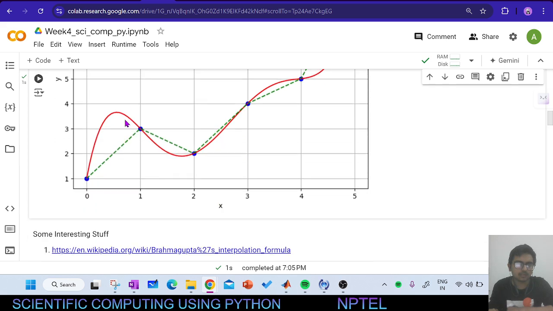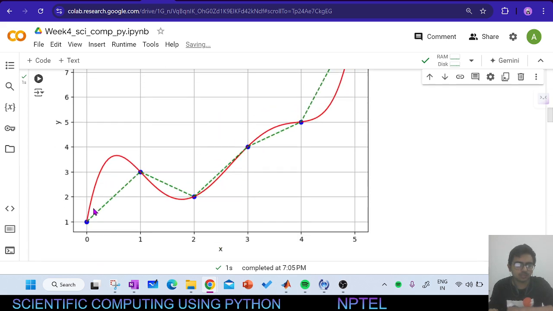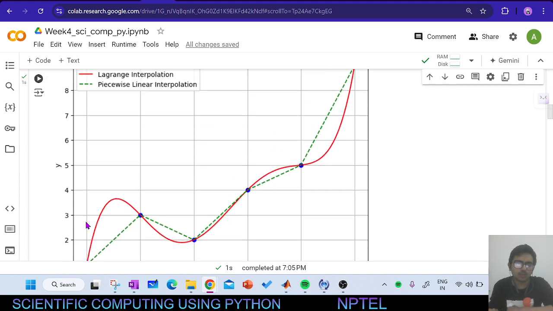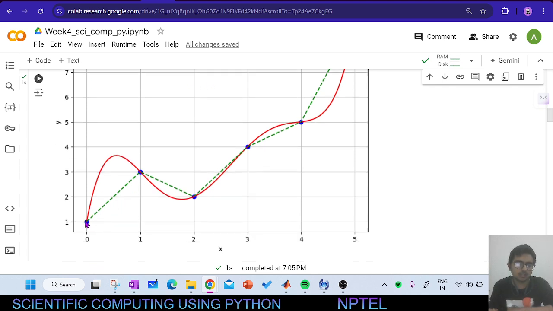Yeah, so you get the result. So these blue dots are our original data that we got from experiments, and we want to know what happens in between. So green is what piecewise linear interpolation will do, right? Here to here, and here, and here. And it's bad because it's not smooth, right? There are corners everywhere.